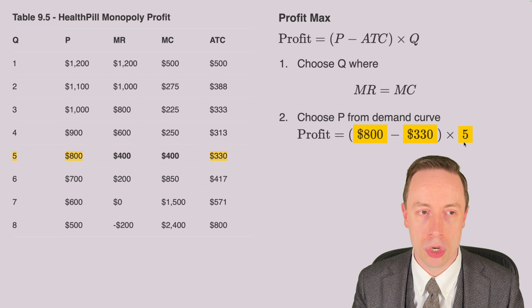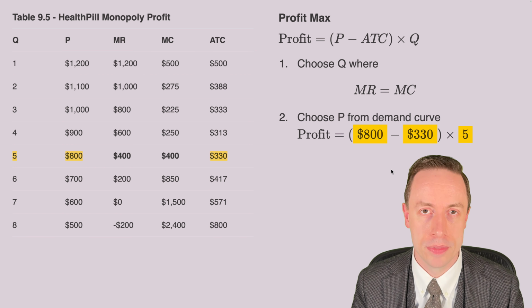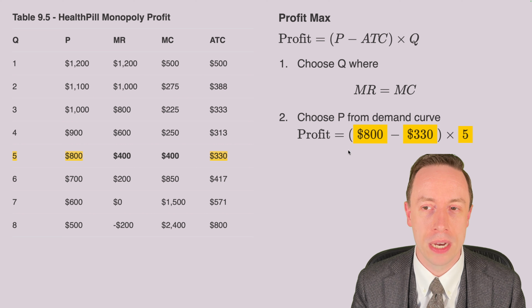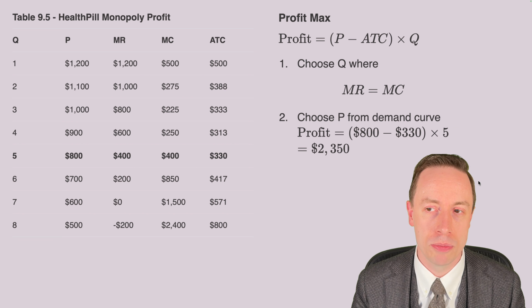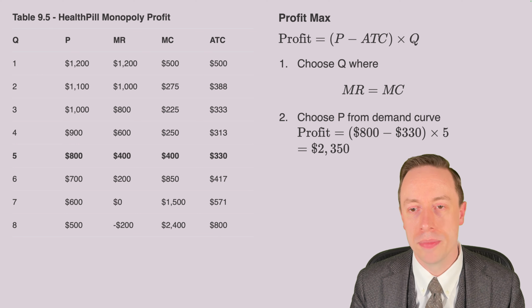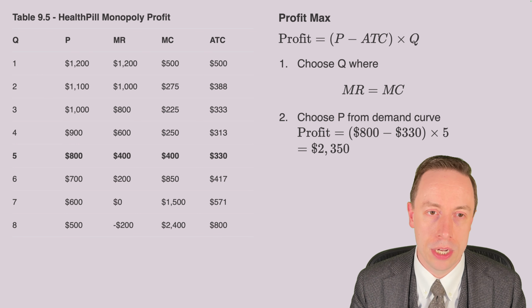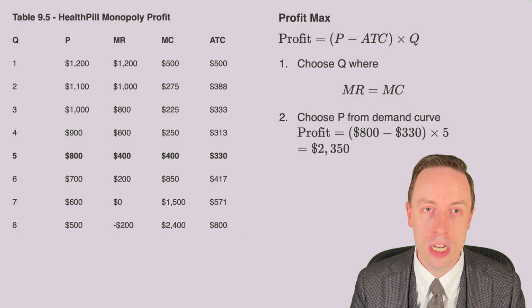So notice we're using all the info from the same row then, and price and marginal revenue are not the same number. So here's our profit. We've got an average profit of $470, the difference between 800 and 330. Multiply that by 5 units sold, and that gives you $2,350 in profit, just like we just found.